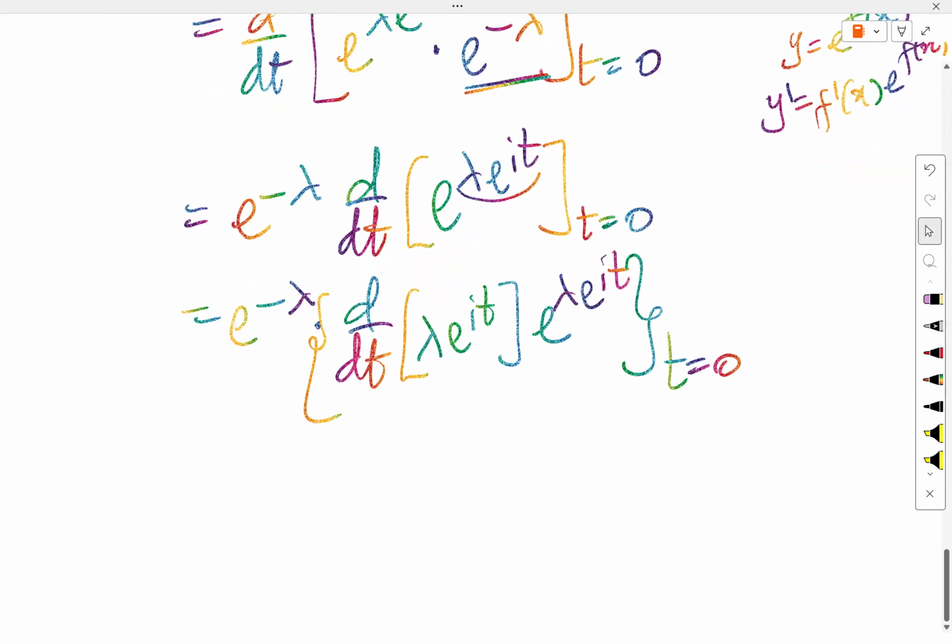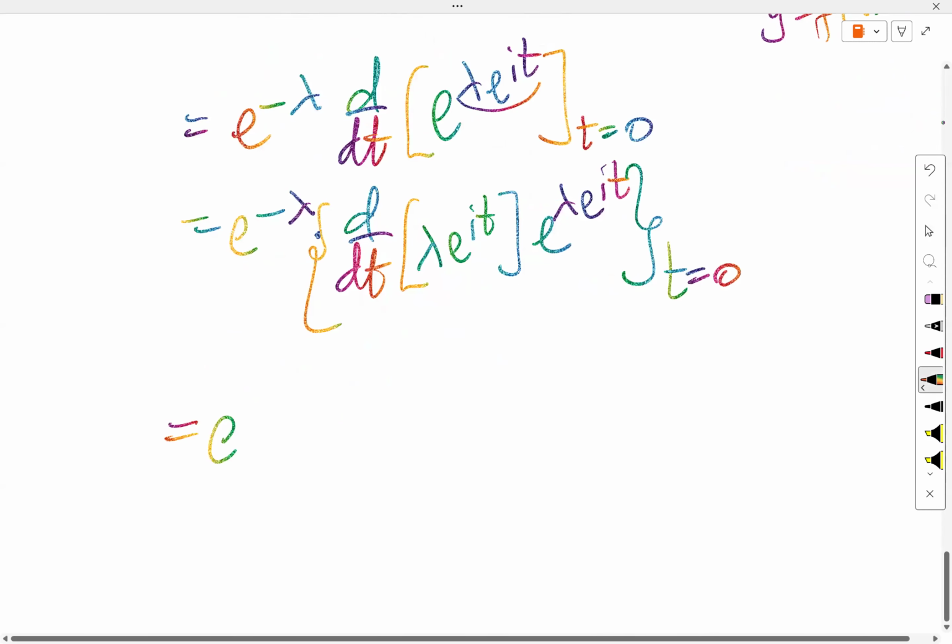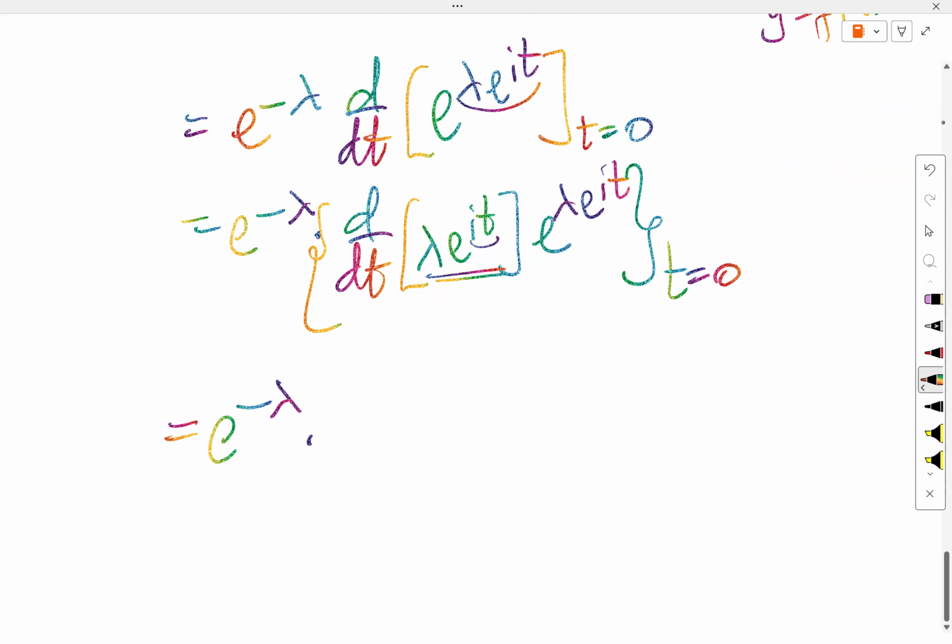When you differentiate the power with respect to t, you have i lambda e raised to power it, multiplied by e raised to power lambda e raised to power it.